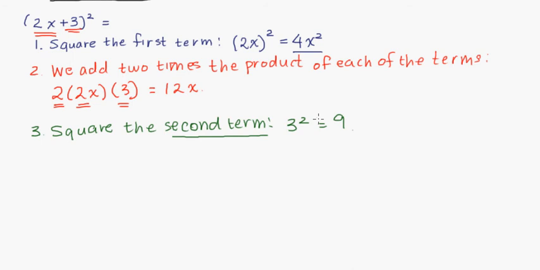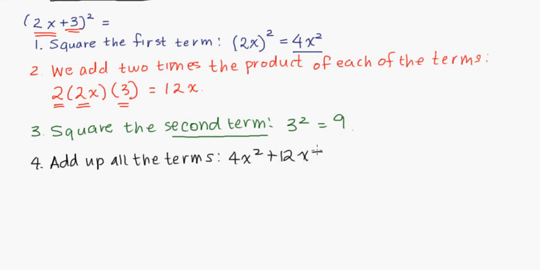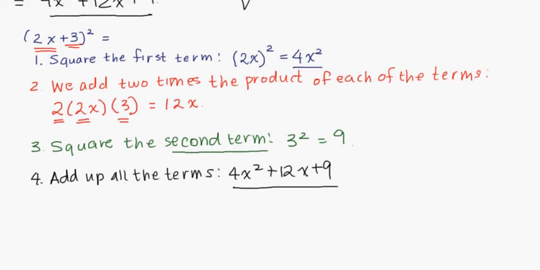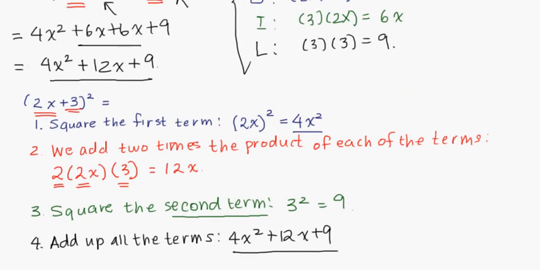And then after we do that, add up all the terms. So then we get 4x squared plus 12x plus 9. And indeed, that should be the same answer that we got using the FOIL method.